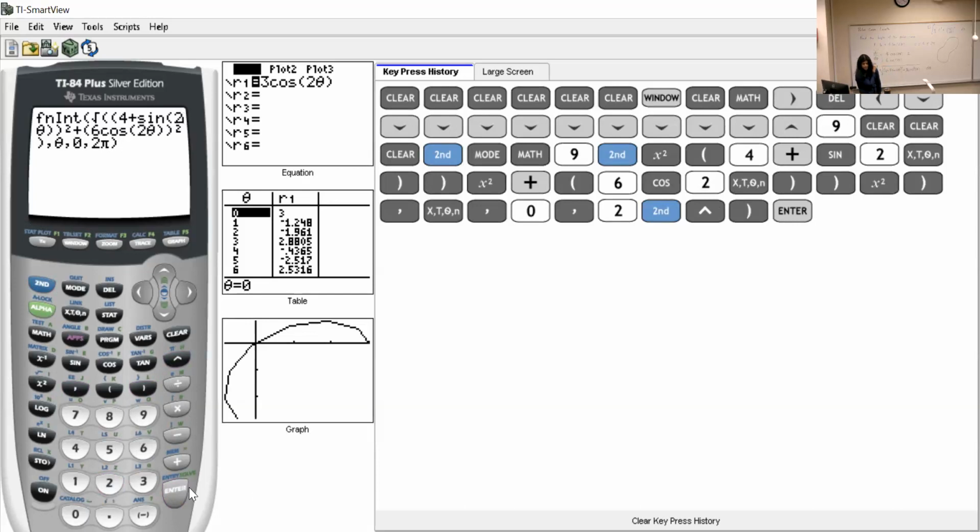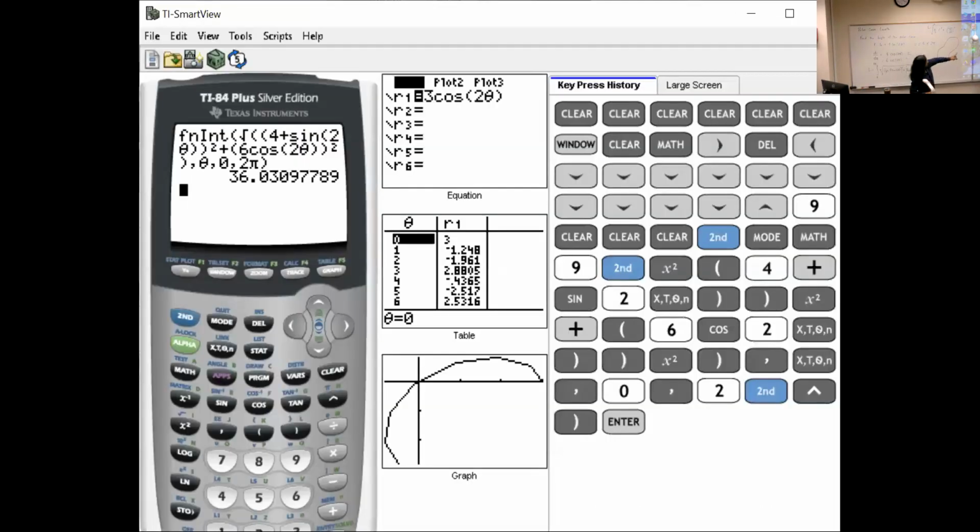It took a while. It will take a while. So, on an exam, square root 4 plus 3 sine 2 theta squared plus 6 cosine 2 theta squared. Seems like it can directly integrate in polar mode. That's a little off. You forgot the 3 in front of the sine.